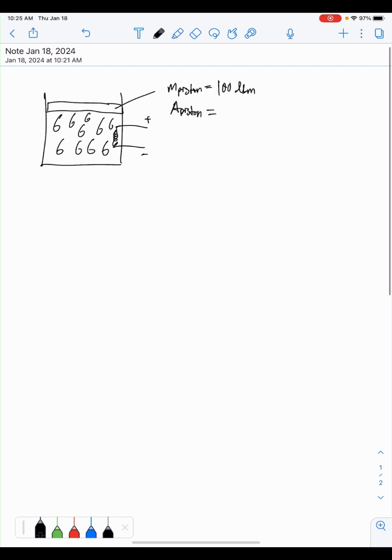The surface area is 1 square foot. And the last thing we know about the piston is that there's atmospheric pressure being pushed down. And as we know, if you've done enough problems in English units, 14.7 pound force per square inch, psi.